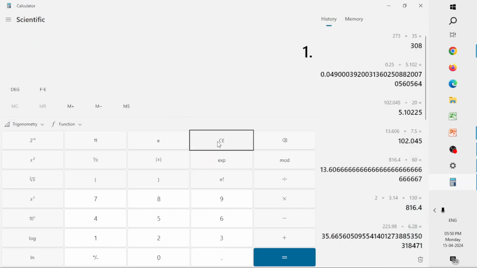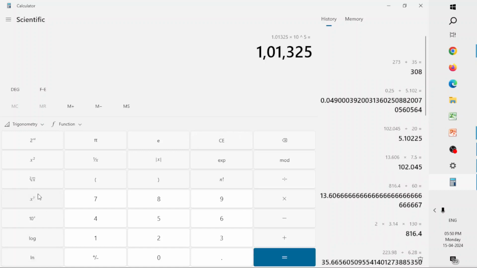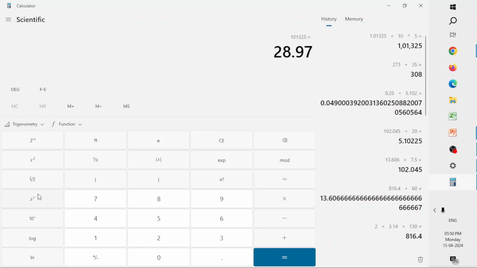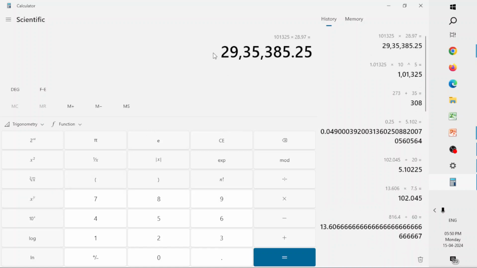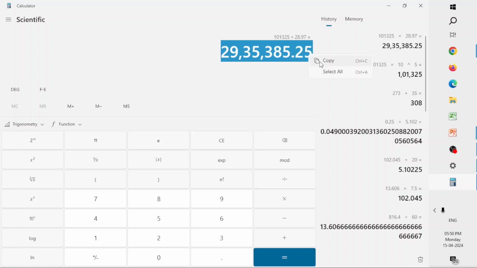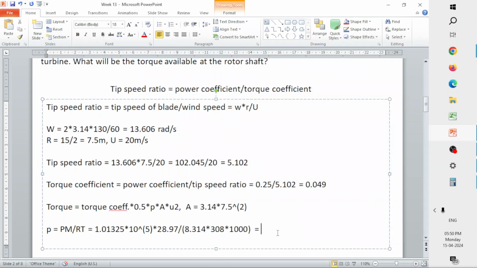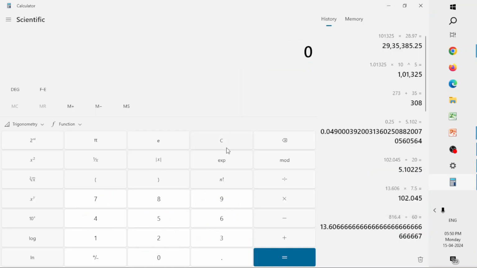It is 1.01325 times 10 power 5 times 28.97, and the denominator is 8.314 times 308 times 1000.